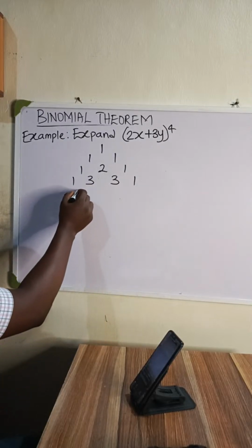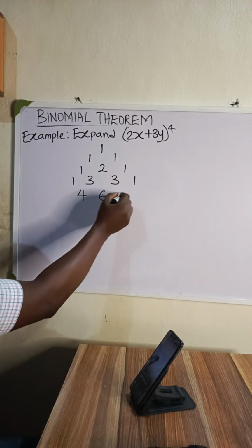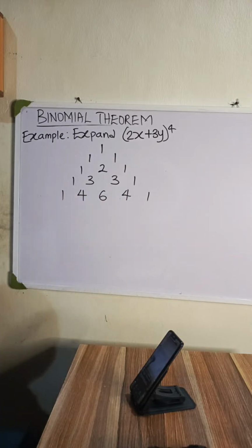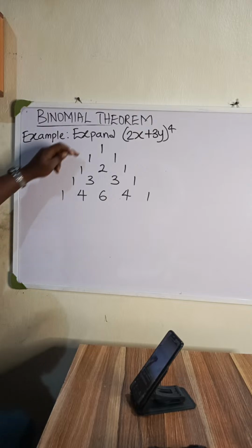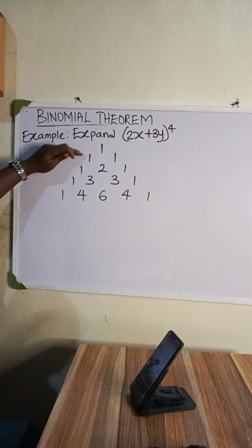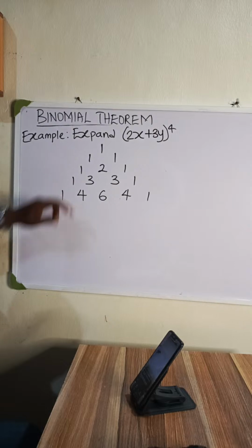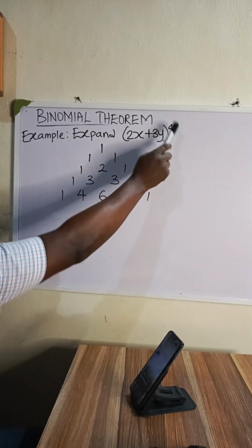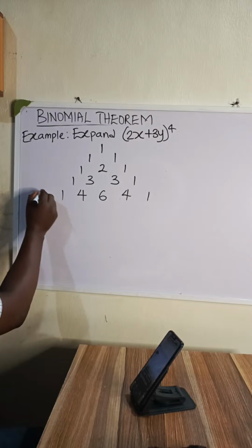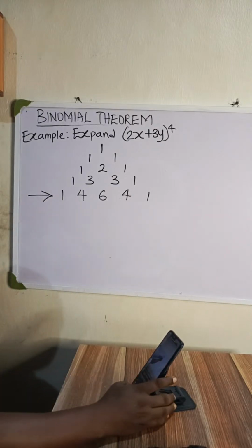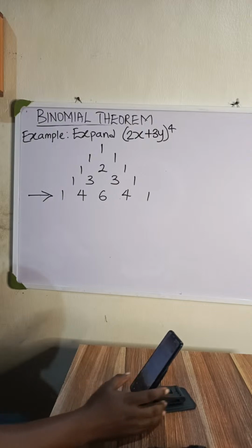And then this is when n is equal to 4. So over here, n is equal to 0, n is equal to 1, n is equal to 2, n is equal to 3, n is equal to 4. So our exponent here is 4. So this is the one we are working with.